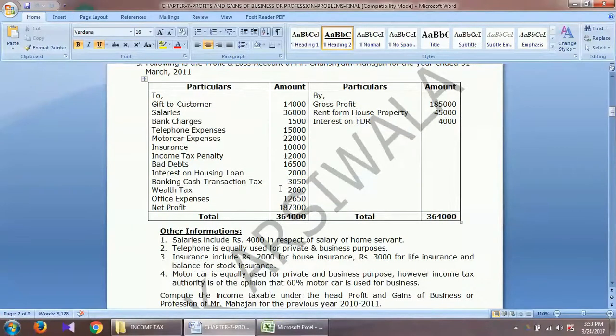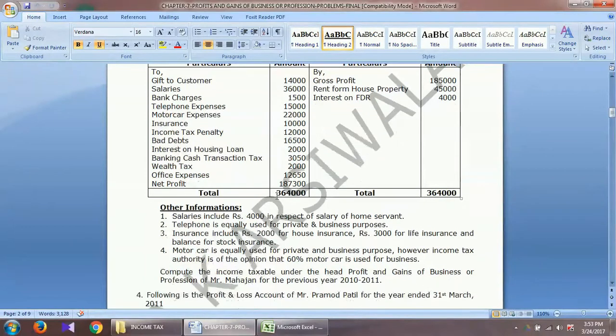Motor car is equally used for private and business purposes. However, Income Tax Authority is of opinion that 60% of motor car is used for business. Compute the income taxable under the head Profit and Gains from Business or Profession of Mr. Mahajan for the previous year 2010-2011.